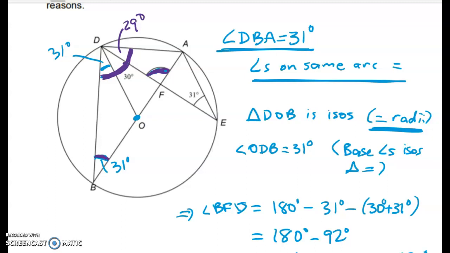Let's see, what else can I do? So this one's 90, this one's 31, so then I can get this angle in here as 90 plus 31, so that's 121. That leaves me 89 degrees here, and then I can use angles in a triangle to get the one that I want. So that's a third, slightly clunkier way of doing it, but it will get you there.